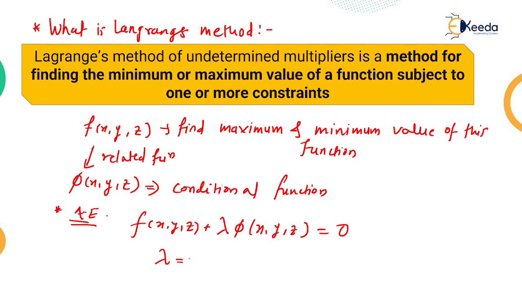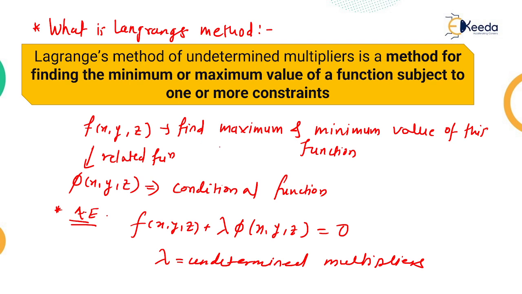Lambda is called the undetermined multiplier, because it is multiplied with the condition phi of x y z. Getting this?